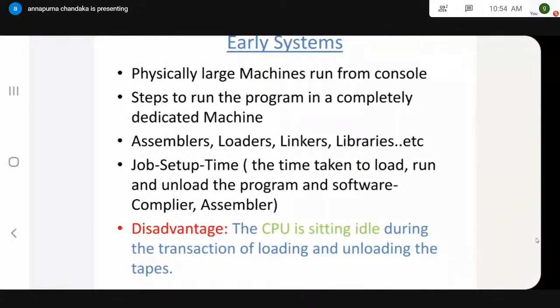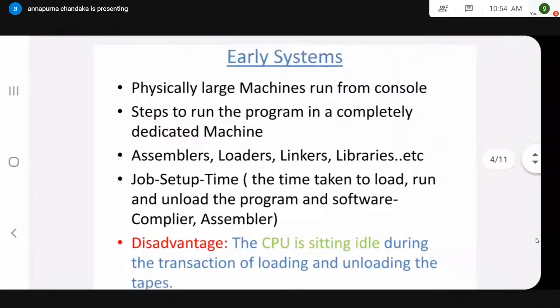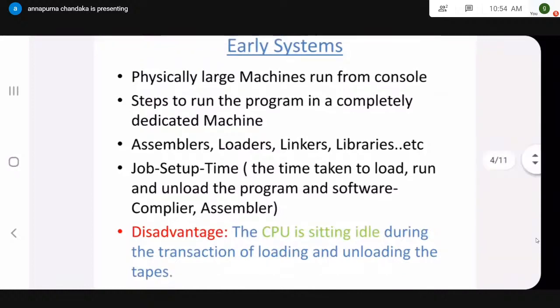And what is a loader? A loader takes this machine language as an input, loads the program into main memory, and prepares it for execution. Preparing for execution means the program's starting address is given to program counter for initiation of execution.